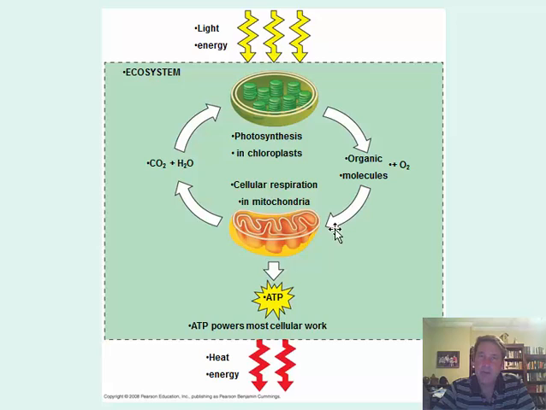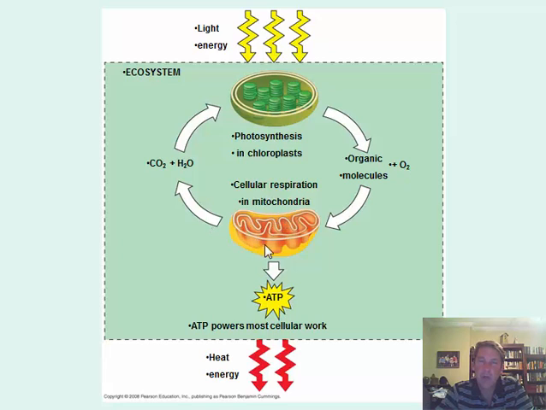So in the ecosystem, this is a balance that occurs, this flow of energy from photosynthetic organisms to respiring organisms back to photosynthetic organisms. Now, in our outline, we mentioned that some of these pathways require oxygen, such as cellular respiration, and so that's an aerobic process where the oxygen is required.